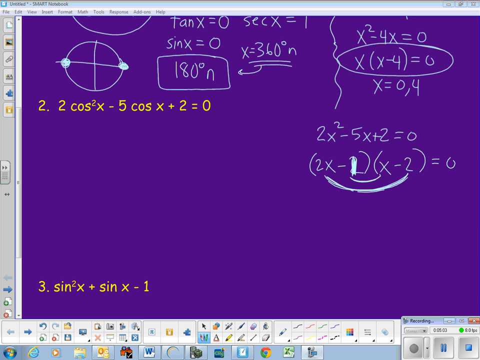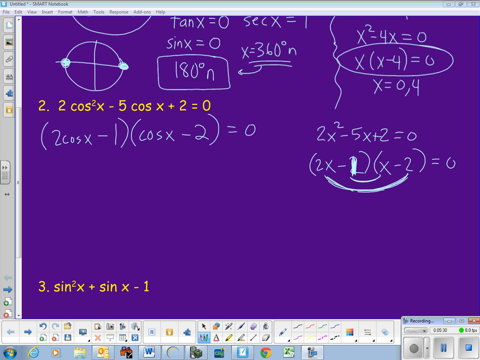Okay, so it'd be 2x minus 1 times x minus 2. I'm going to do the same thing here, but instead of x's, I have cosine x's. It's no big deal. 2 cosine x minus 1 times cosine x minus 2. So if you factor the exact same way, if you were to FOIL that back out, check and see that we would get the original expression.